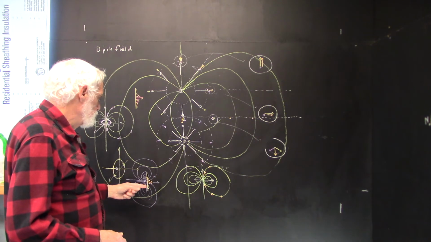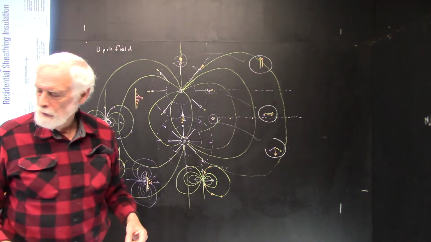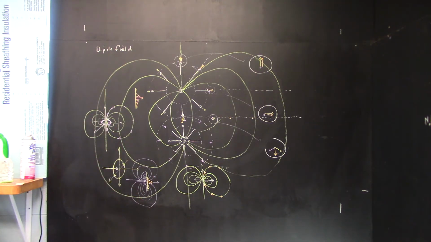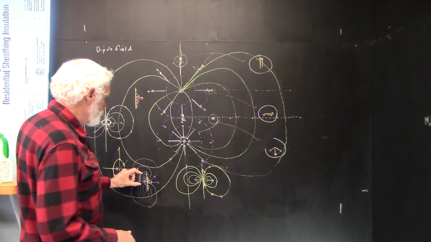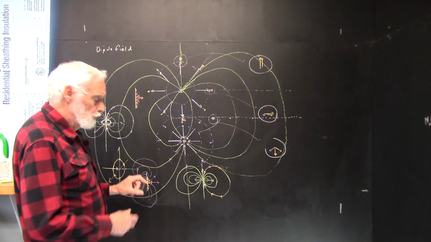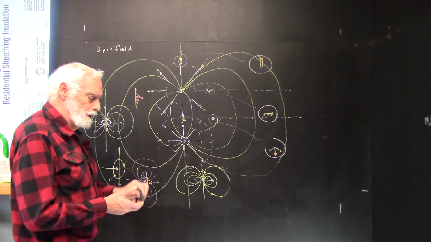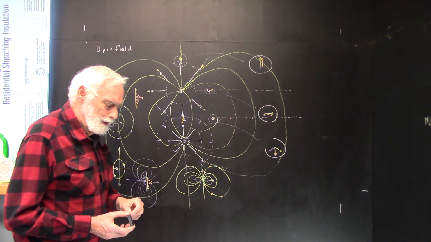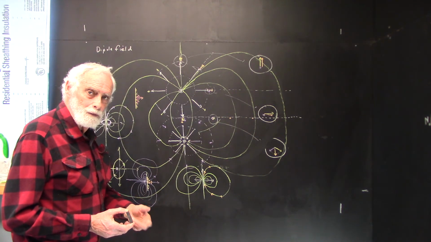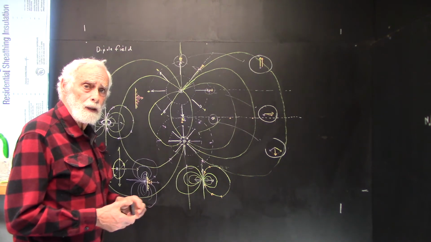This would correspond to a magnet. Actually, let me grab a magnet. Like so. Now the magnet isn't a single dipole. The magnet can be thought of as an infinite number of infinitesimal dipoles.